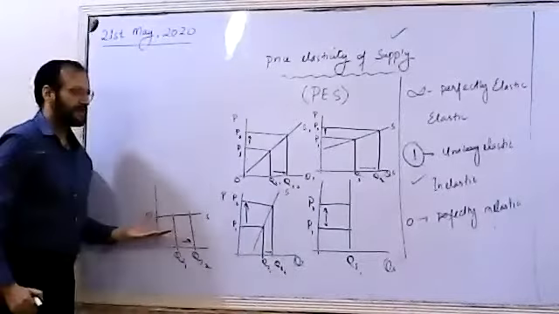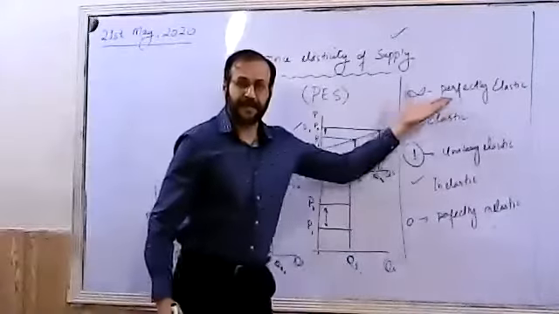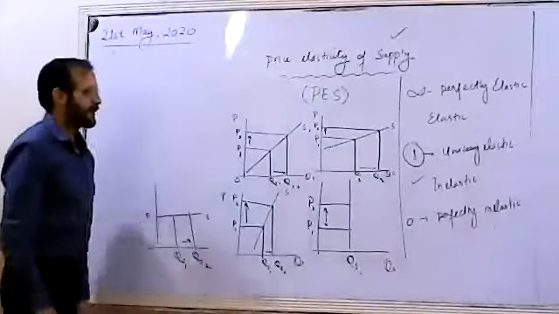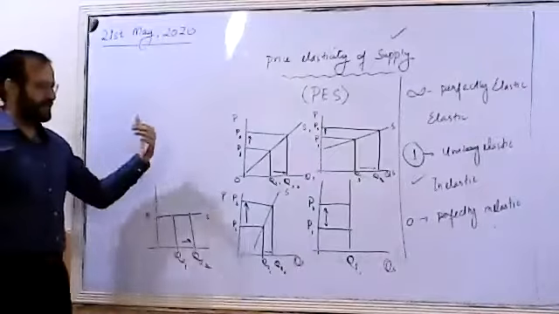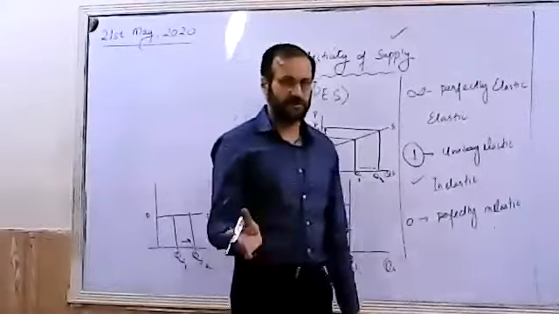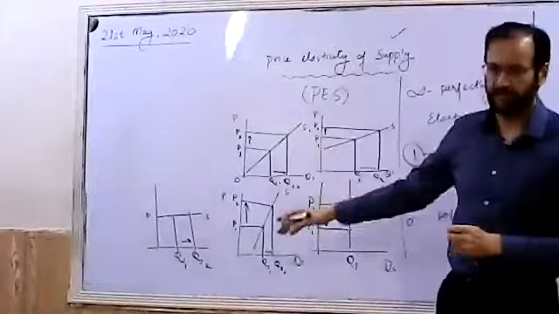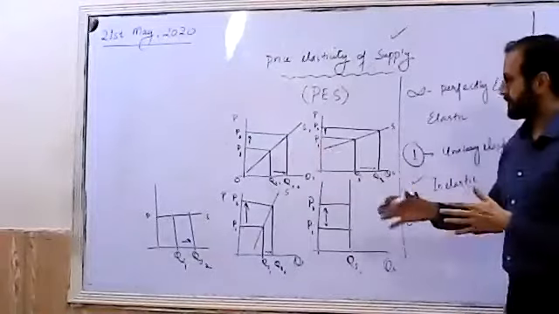That means the curve is becoming perfectly elastic. Okay, now these are the 5 shapes, or types of elasticities, which we put in the objectives of today's session.